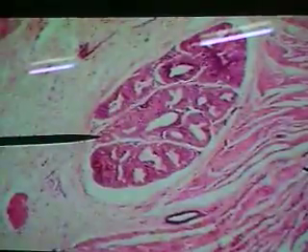What we're seeing now is stratified squamous epithelium and a lot of glandular tissue. Alright? This glandular tissue seems to be in close relation to the pectinate line. So in fact, these may be those glands that are opening into the crypts.